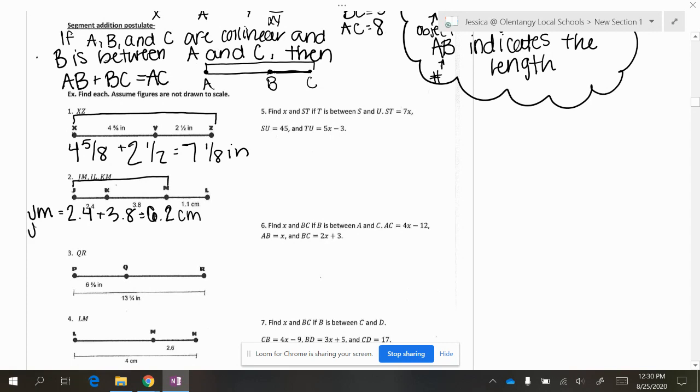JL, so we're going to do this whole thing, 2.4 plus 3.8 plus 1.1, and that ends up equaling 7.3 centimeters. KM is just going to be that 3.8 centimeters.